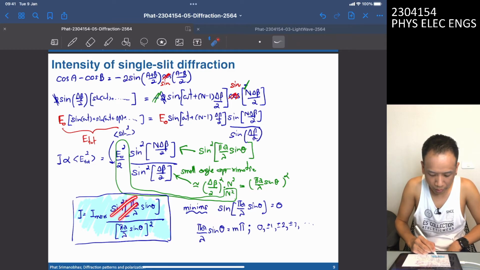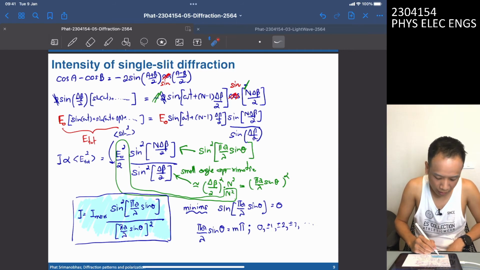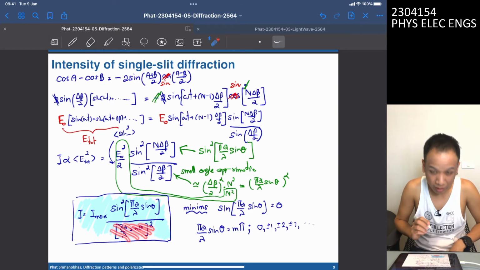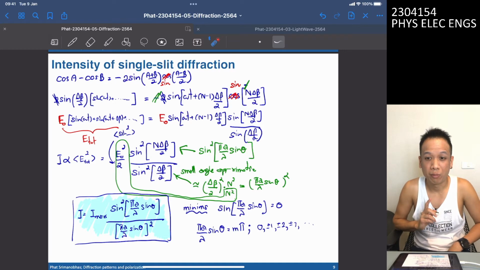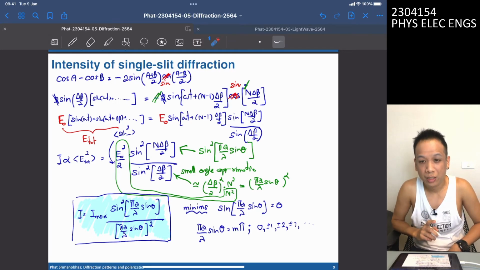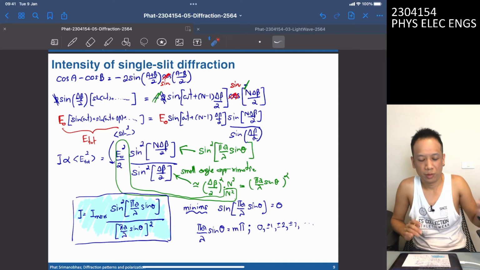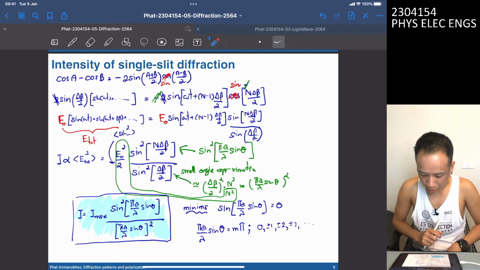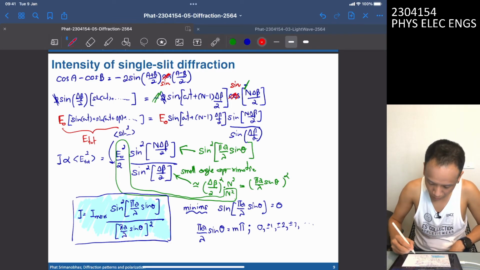So the numerator term becomes 0, but the denominator term will also become 0. So it's 0 over 0, it's not 0. Just be careful that you need to differentiate to find the limit of that, but it's not in this course. That's calculus. So you cannot use this one.